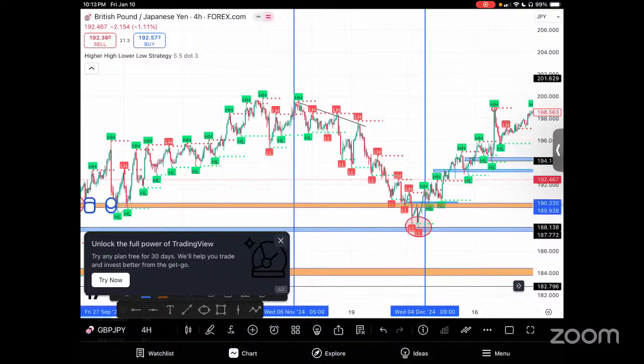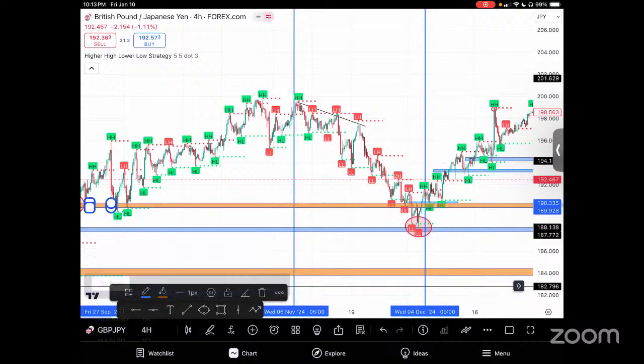And then when price comes back above it and pulls back and retests it, that would be your right shoulder. So let me let you guys in on a little secret. Patterns are all based on market structure.